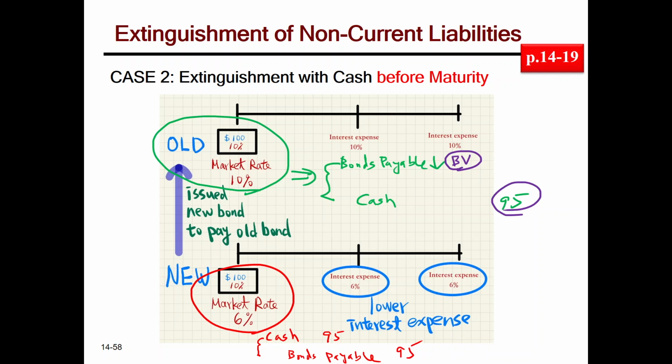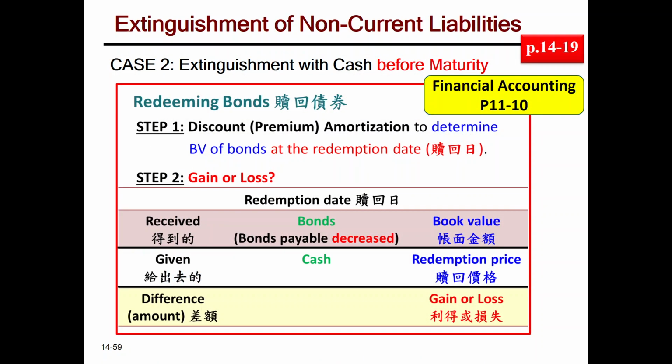So how to determine your bonds payable book value today? You should do discount, premium, amortization, right? Okay. So this is from your first year. You buy back your bond, bonds payable decrease. How much? You should find out today what is the book value, the number on accounting books.